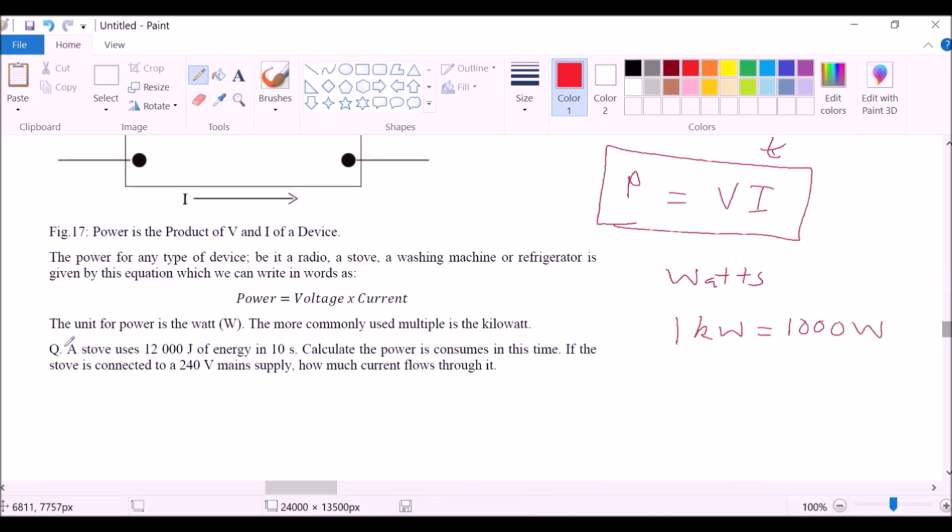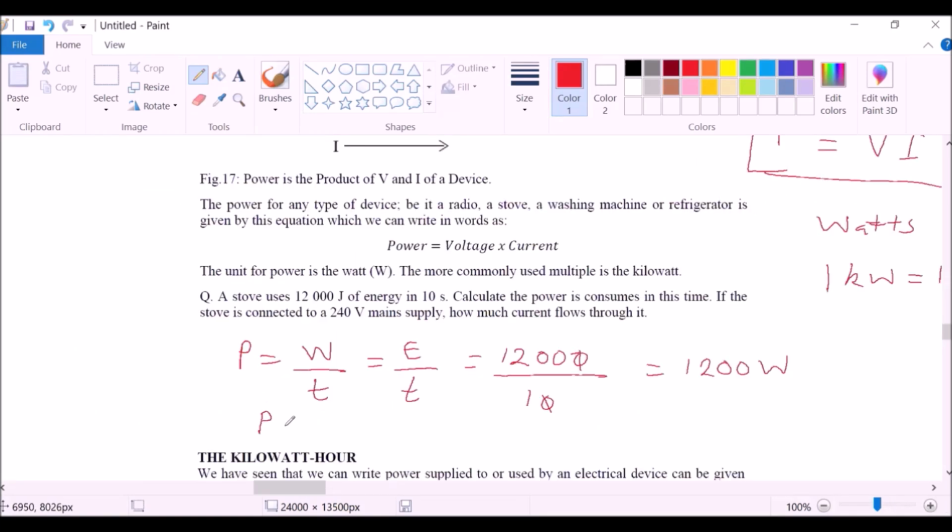Let's look at this question. A stove uses 12,000 joules of energy in 10 seconds. Calculate the power it consumes in this time. So power is the rate of doing work, which is work over time. Work is the energy converted. So we can say energy over time, which is 12,000 over 10, which will give us 1,200 watts.